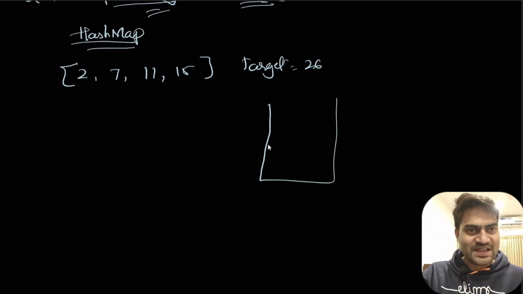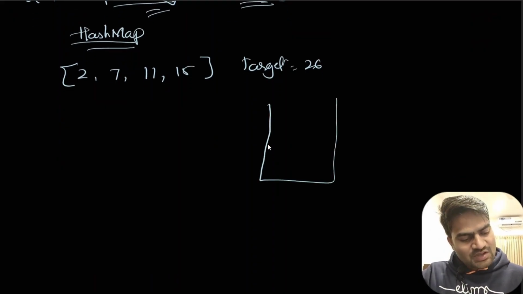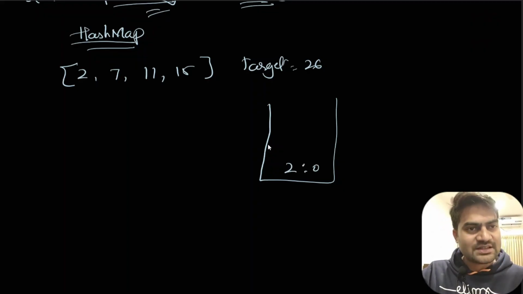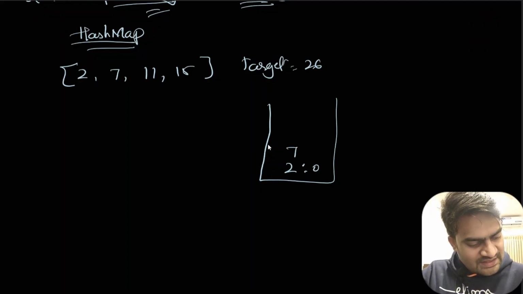Maybe assume this is a hash map. First, I will iterate over all the elements and store the index value, because we are interested in the index, right? So 2 and its index is 0. Then 7, its index is 1. 11, its index is 2. 15, its index is 3.